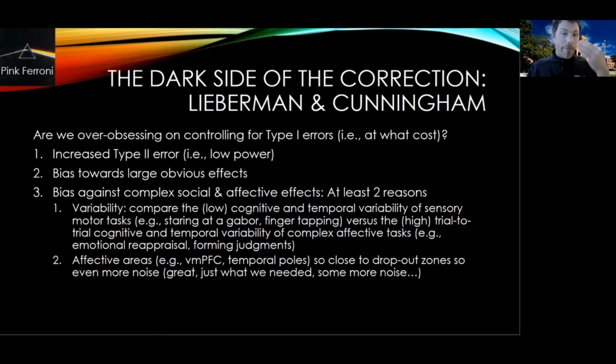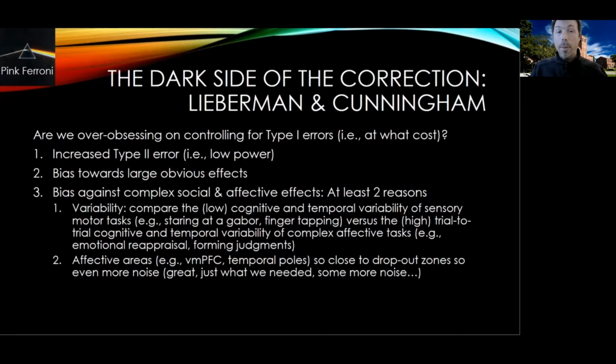For example, ventromedial prefrontal cortex, an area that is very interesting for a lot of social and affective studies, and the more ventral part of frontal cortex, so the orbitofrontal cortex. They just happen to be, unfortunately, nearby boundaries. So for example, just under the sinus.